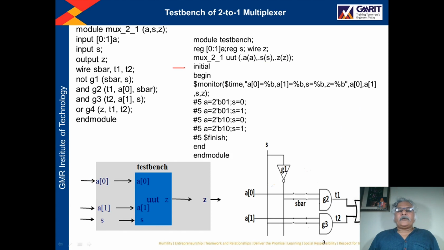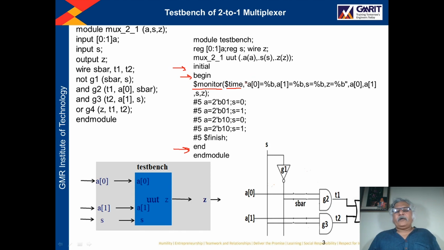Then we will write the initial keyword, and inside the initial keyword we will write the statements. Since there is more than one statement, we have used begin and end, right? So here $monitor, with this directive we will print the waveform over the simulation window. $time, this directive will track the current simulation time.